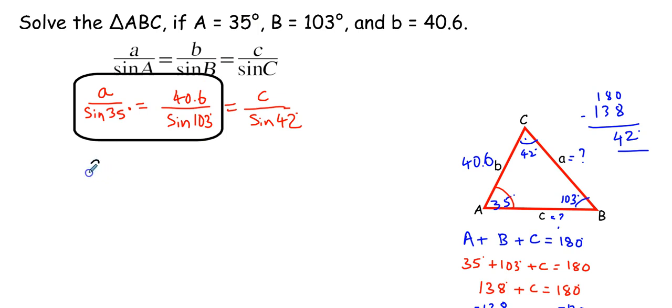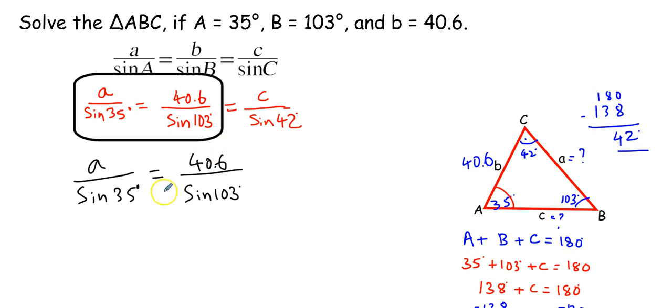Okay, so A over sine 35 degrees equal to 40.6 over sine 103 degrees. Now, A is the unknown thing. We are looking for A. So, let us get rid of the denominator sine 35.